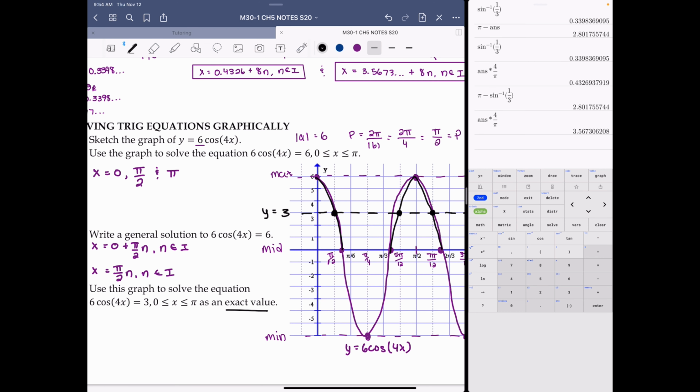Our equation is 6 cos 4x, so our first x would be pi over 12, so 4 times the fraction pi over 12. If this equals 3, then we know it's a solution. Yes, it equals 3. So we know one of our solutions.